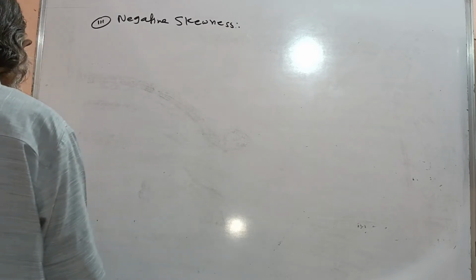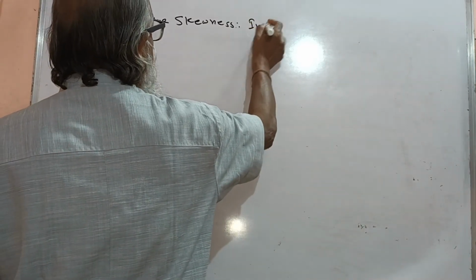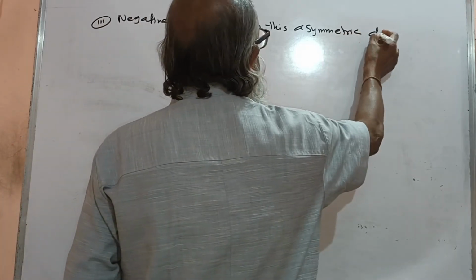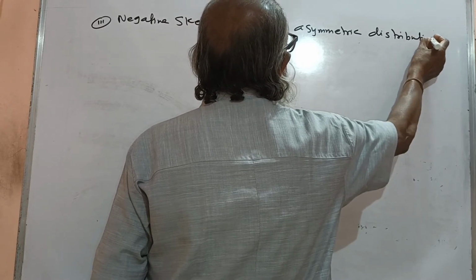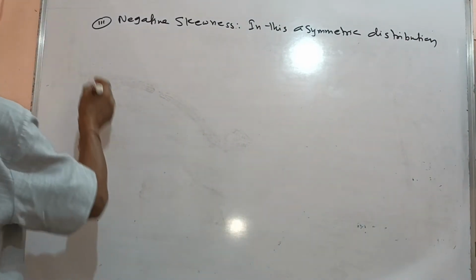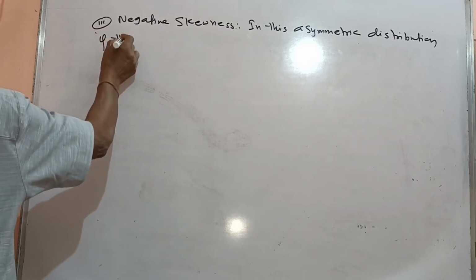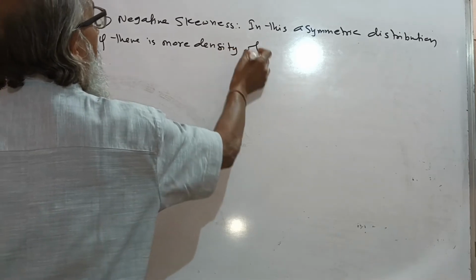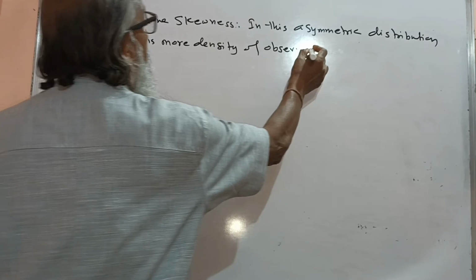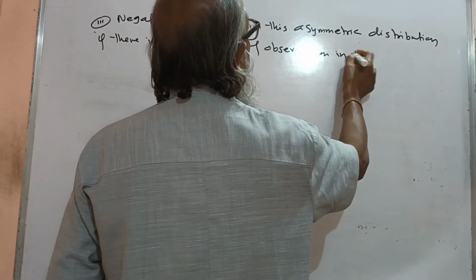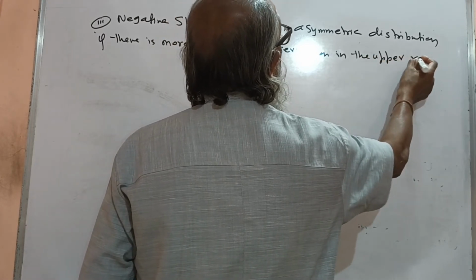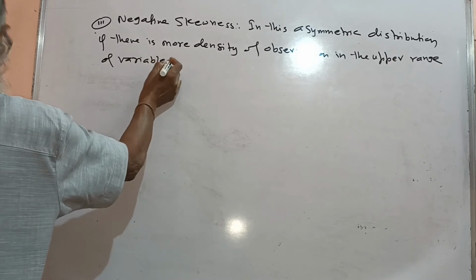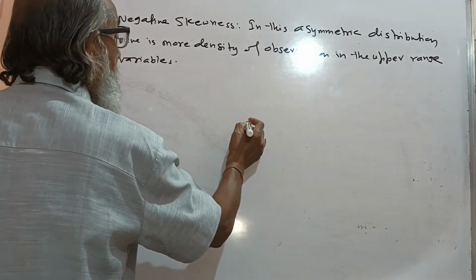In this asymmetric distribution, there is more density of observations in the upper range of the variable, so this can be seen by the graph.